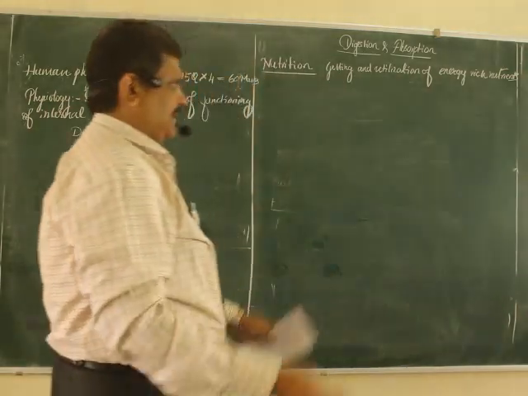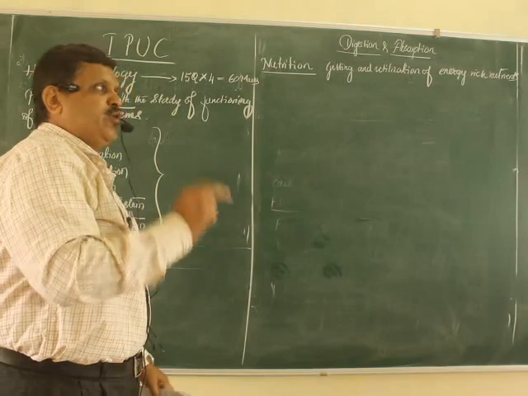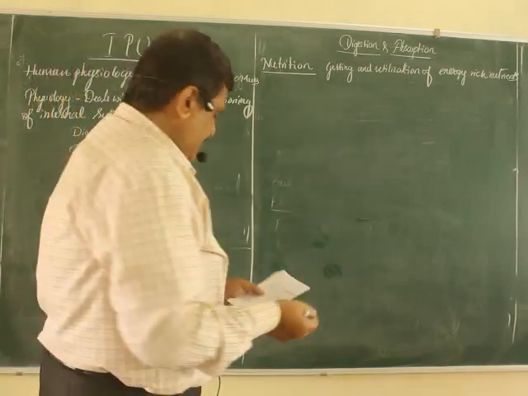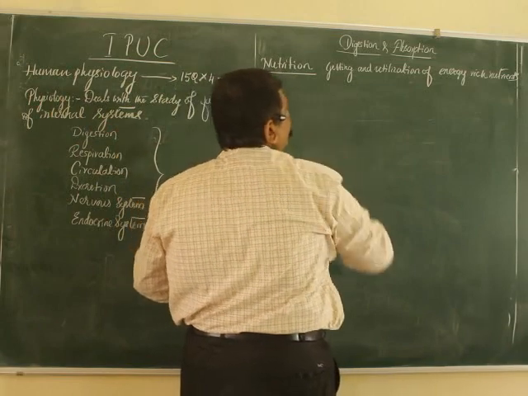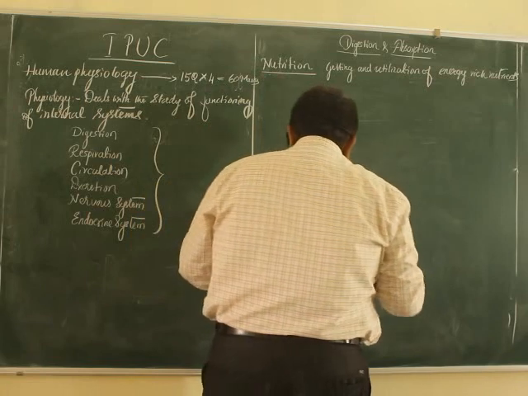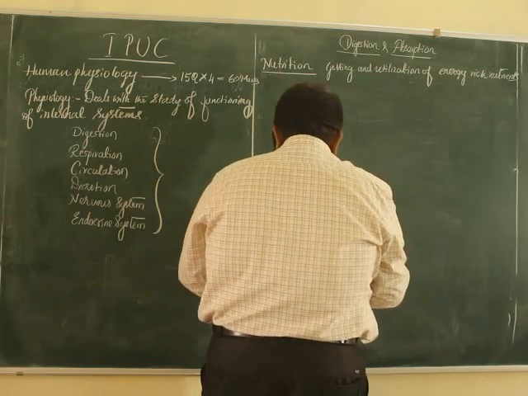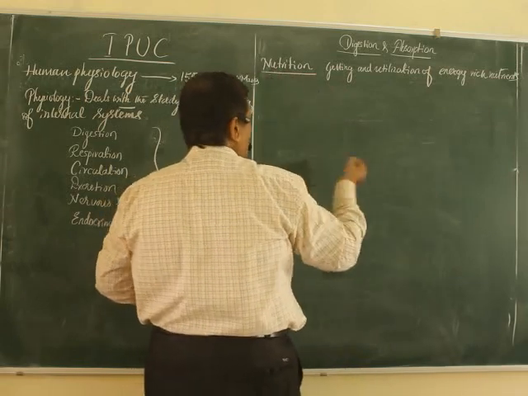Getting and utilization, that's also important. Not only getting, but also the organism should have the ability to utilize it. Energy-rich nutrients are also called nutrient substances by the organism. It's also commonly called food.